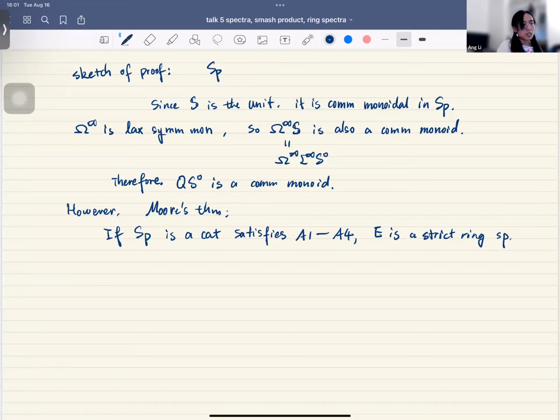then it can only, okay, there's one more sentence, sorry. Then loop infinity of that spectrum is a product of Eilenberg-MacLane spaces. Sorry, for those who can hear dog barks, I'm sorry about that. Okay.